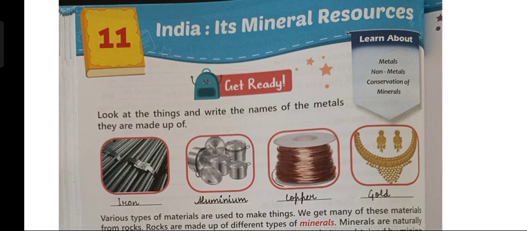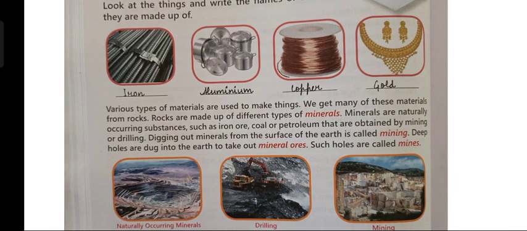Now, children, let us start reading the lesson. Various types of minerals are used to make things. We get many of these materials from rocks. Rocks are made up of different types of minerals.